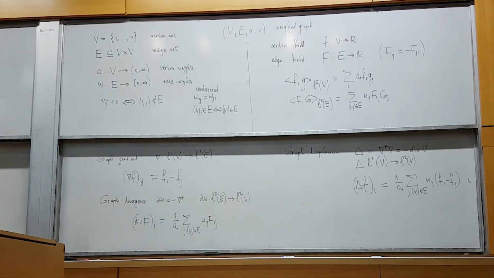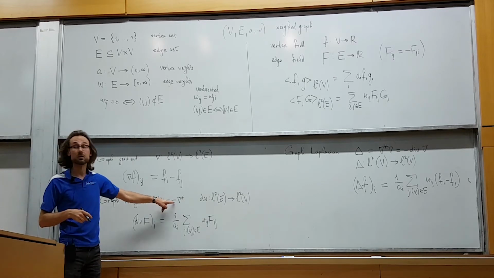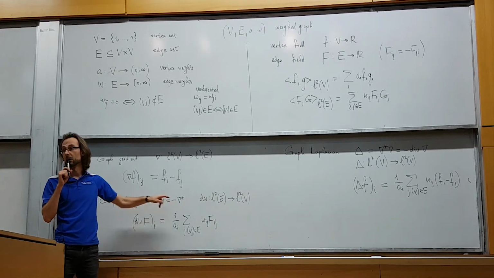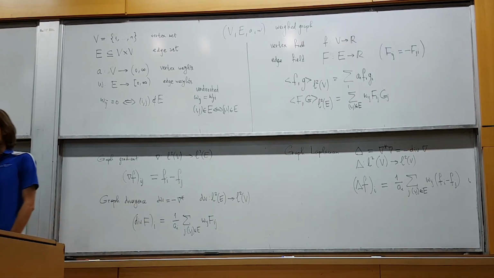Okay? Now, according to the definition, the gradient is F_j minus F_i, and you also put the minus here. Ah, okay, so there is minus the difference. That was my confusion in the beginning.